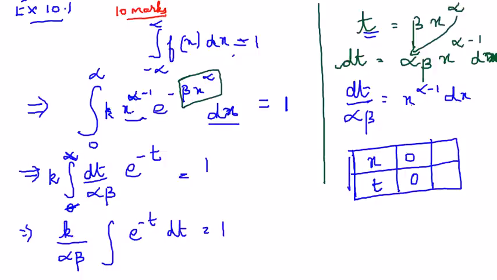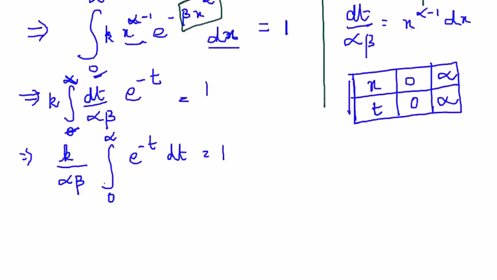Likewise, when x is infinity, obviously t will be infinity again. So the limits actually remain the same in this sum. But whenever you are substituting like this, do not forget to change the limits, because the limits given in the sum are with respect to x. But when we are changing it with respect to t, we have to change the limits accordingly. But for this sum, it's not a big deal.